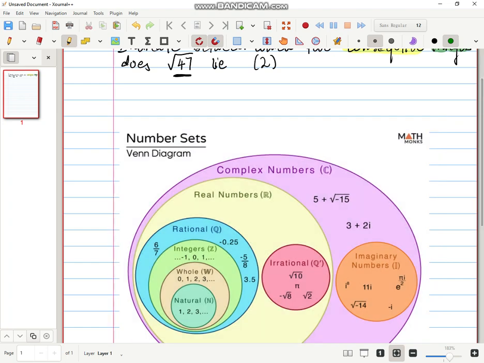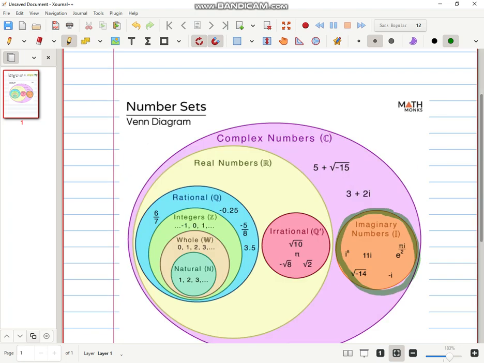These are your imaginary numbers, right? And they all fall under what? A complex number circle. Each and every number that you have in mathematics, whether it's a fraction or whatever, falls under a complex number, right? You're not going to have to worry about imaginary numbers as yet when you're in grade 10, so we're going to avoid the imaginary numbers, and within the complex numbers we have imaginary and real numbers, right?